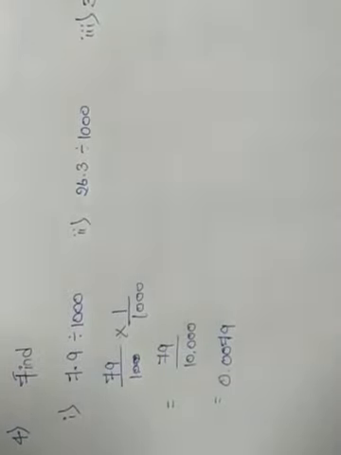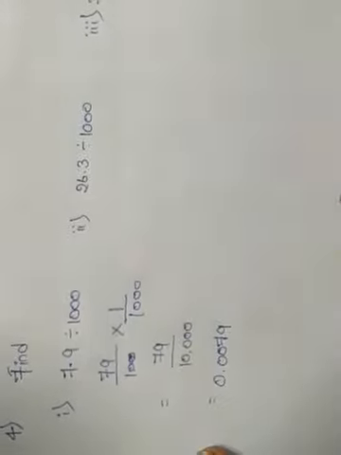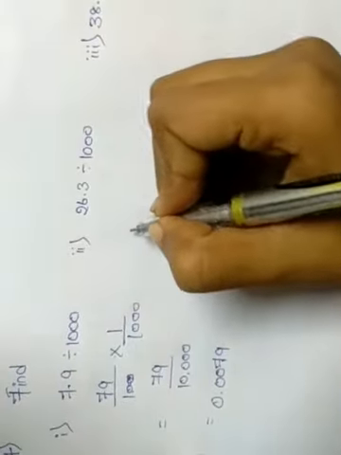Right? You have to give the decimal point according to the zeros present at the denominator place, right? If at the denominator place there are 4 zeros means you have to give the decimal point after 4 digits at the numerator, right? From right to left.